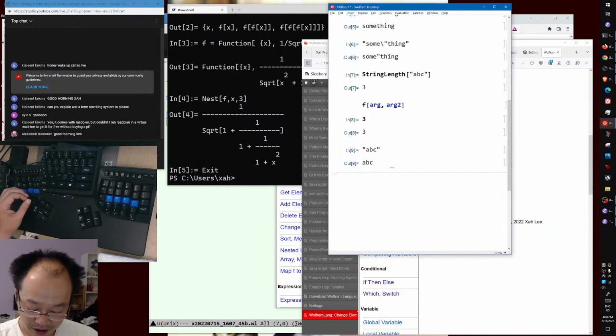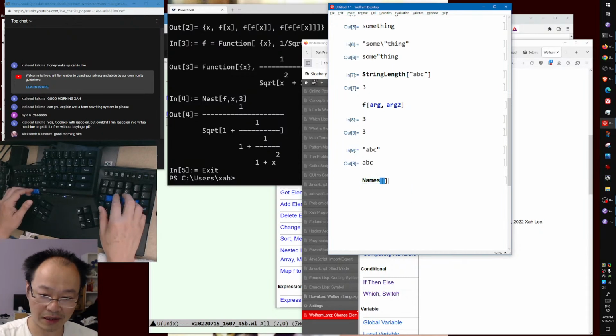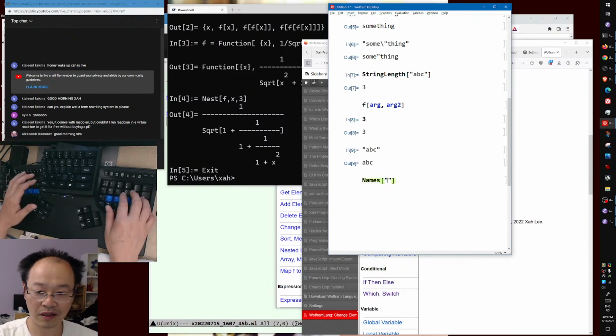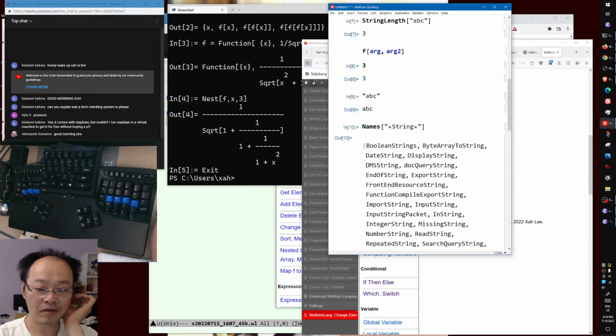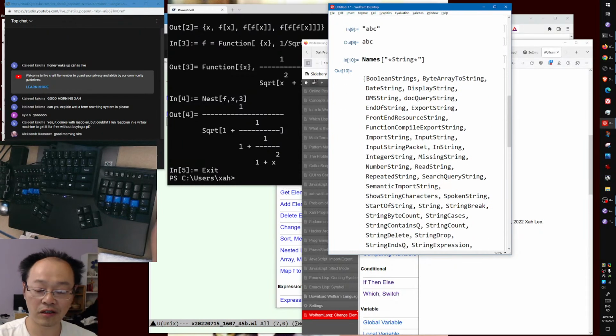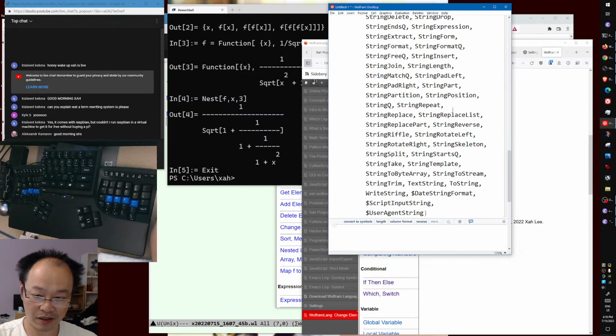That's one thing. One of the advantages of this is that all the function names are fully spelled out. For example, you can call the function Names and give it a string with a wildcard, and type string, and that will return all functions in Wolfram language whose name contains the word string.